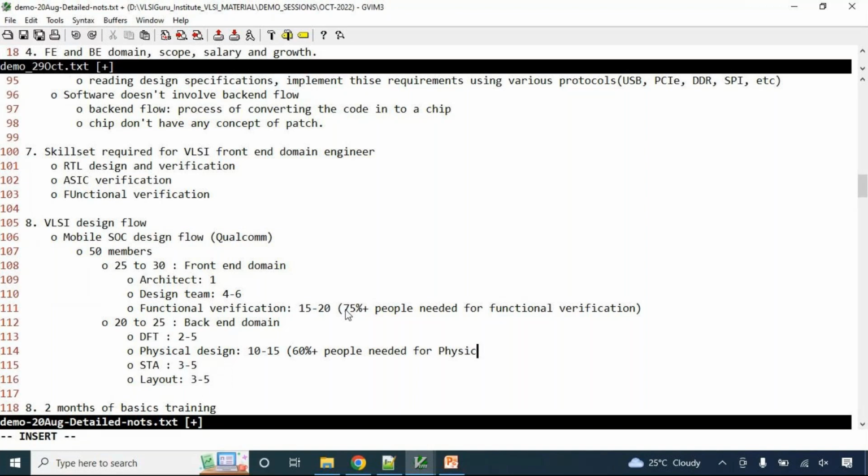Now, when they need so many people, ideally speaking, given an opportunity, I want everyone to be experienced people only, so that everything goes smoothly. The problem is what? Cost will go up because a fresher is paid some amount, an experienced person is paid a different amount.